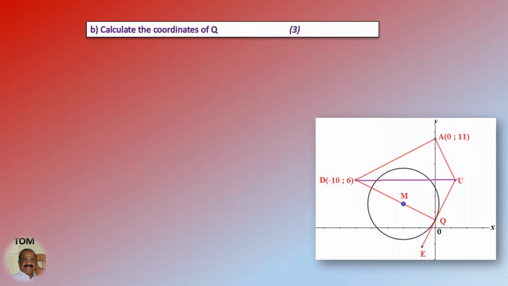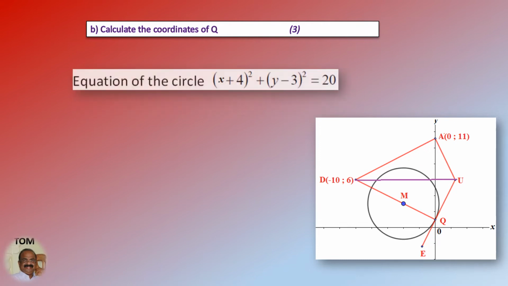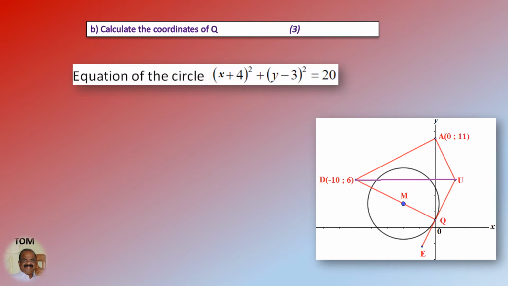The question continues. Calculate the coordinates of Q. Where is Q? Q is on the circle as well as it is on the y-axis. And we have the equation of the circle from the previous question: x plus 4 whole square plus y minus 3 whole square equal to 20.